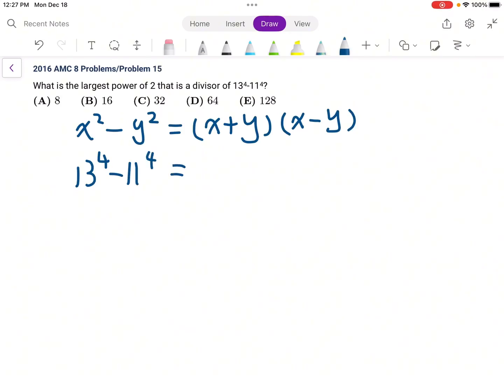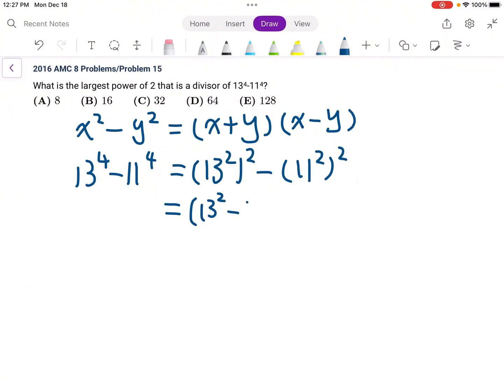So that's 13 square subtract 11 square. And then we can adapt the formula from here, and that equals 13 square subtract 11 square multiply 13 square plus 11 square. And this 13 square is our x in this formula, and 11 square is our y.